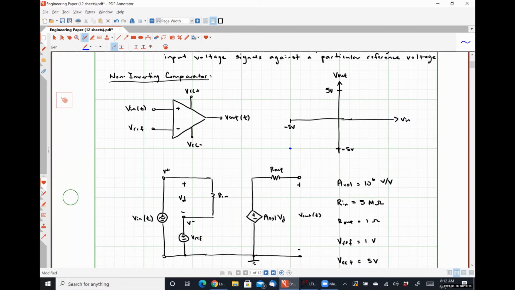Okay, exact same methodology. So if Vn is 0 volts, what's Vd? Negative 1, which is going to get multiplied by a factor of 1,000,000, giving us an output voltage of negative 1,000,000 volts, which is much more negative than VCC minus.